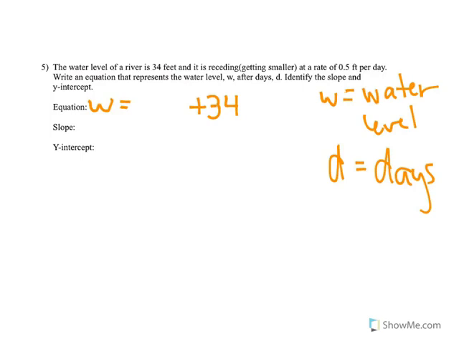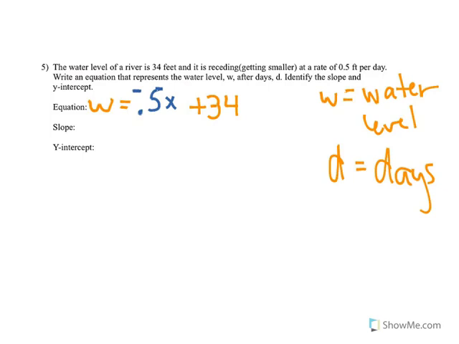And then each day we're losing half a foot. So we're going to go down half a foot each day. That's going to represent our slope. So you can make the slope 0.5 x. But since we're going down, we're losing, receding, getting smaller, it has to be a negative slope.